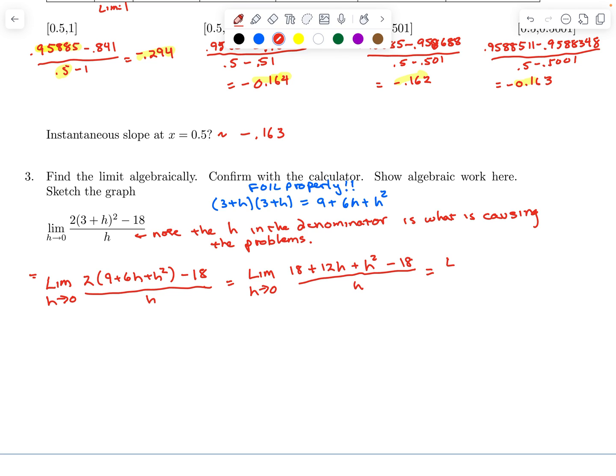What you do depends on what kind of function you've got. Be careful, you can't cancel h from part of it, so.